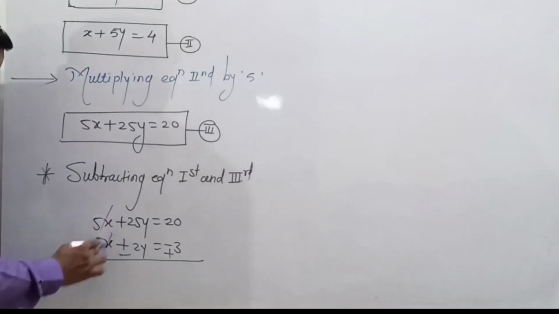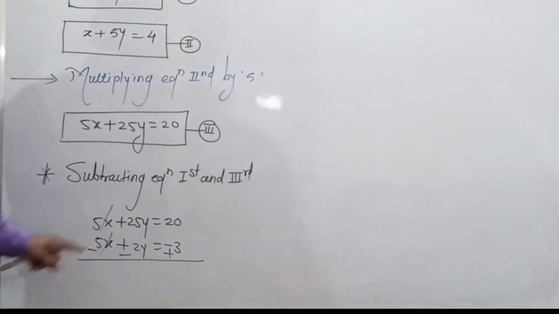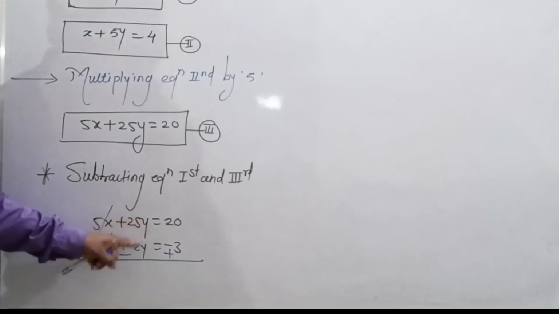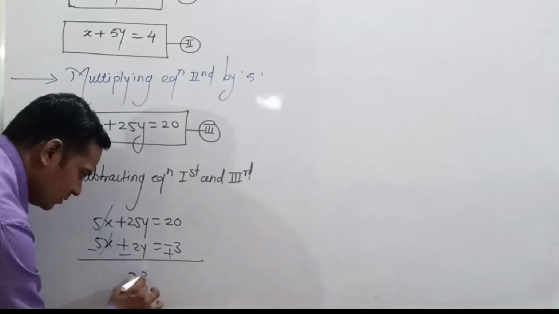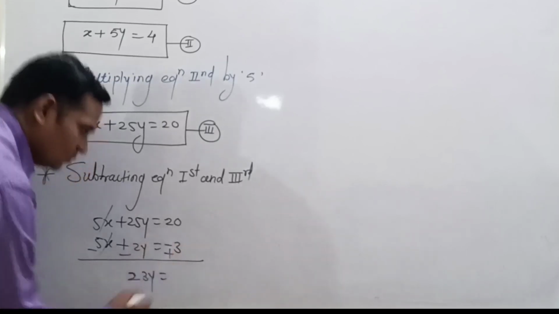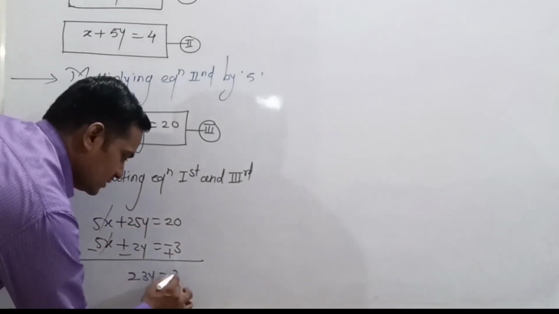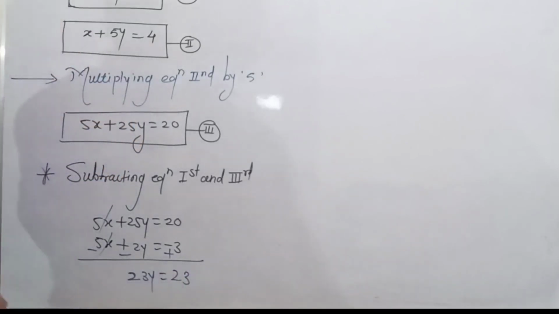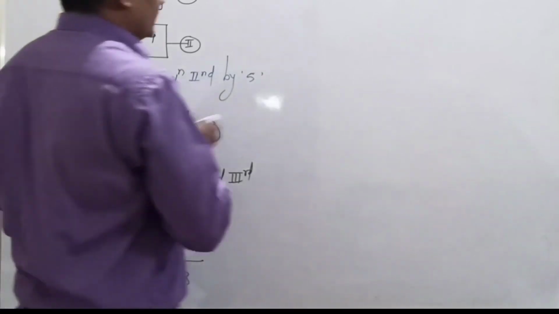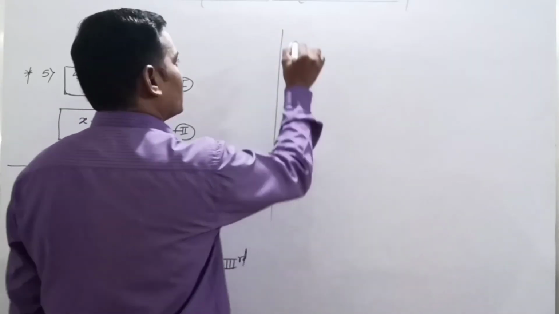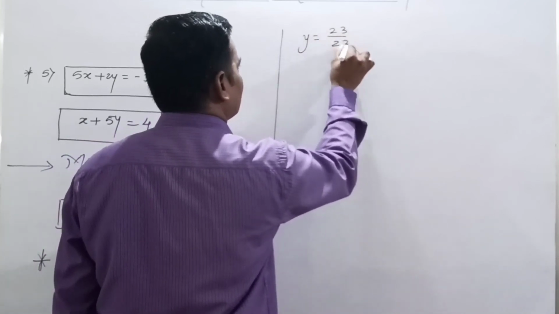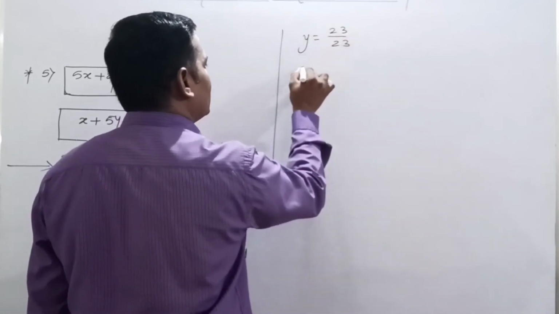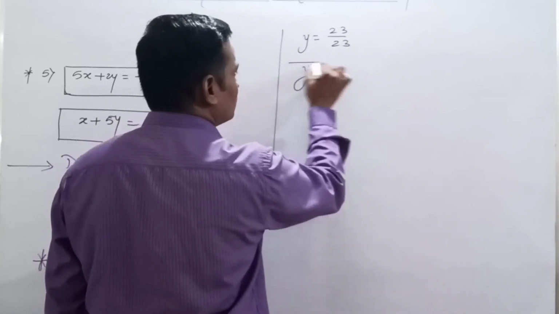So 5x minus 5x will get cancelled over here. So look at it, 25y minus 2y, so that answer is 23y is equal to 20 plus 3, that means 23. So let's find out the value of y now. So transfer that 23. So y is equal to 23 upon 23. So 23 ones are 23, means y is equal to 1.